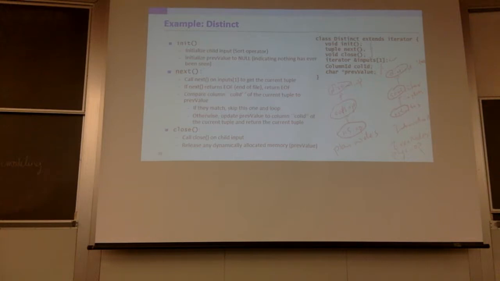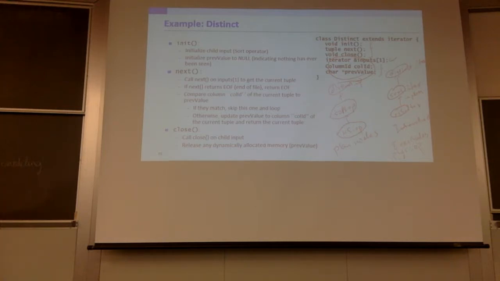You are also going to initialize other internal states. Actually, not quite. Internal states are initialized by the recursive call of init, but some things are not internal states, like the column ID and the previous value. Previous value is the internal state, but the column ID is not something that comes from your runtime. It's not populated during runtime.